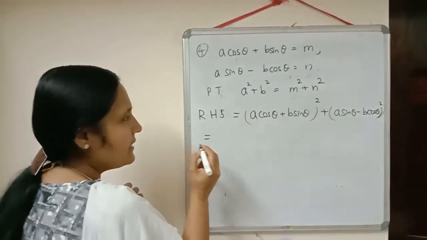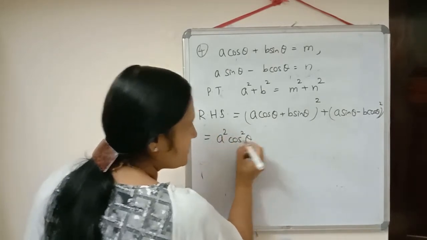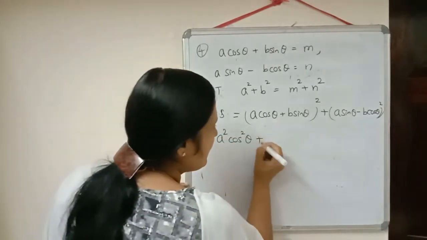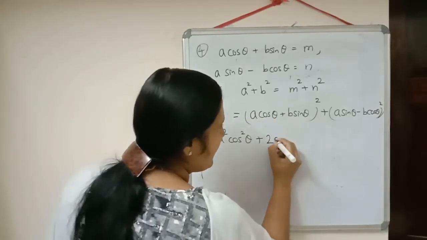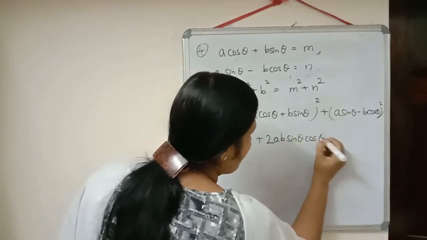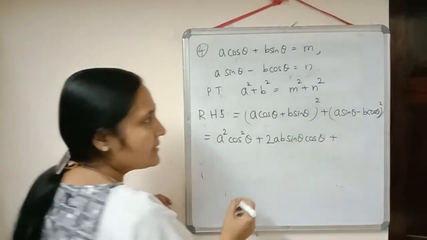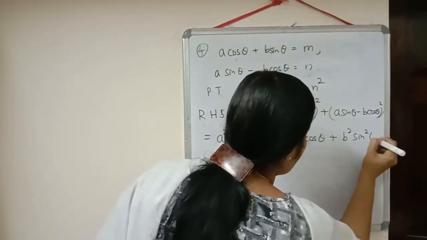So according to the identity, it will be equal to a square cos square theta plus 2ab, we can write together, sin theta into cos theta, then plus b square sin square theta.